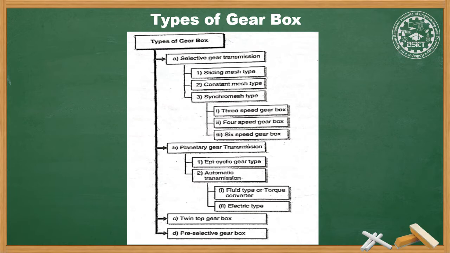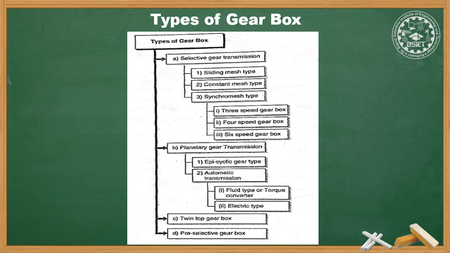Again, these types are classified as 3-speed gearbox, 4-speed gearbox, 6-speed gearbox, depending upon the number of speeds the gearbox provides. Second is planetary gear transmission, that is classified into two types, epicyclic gear type and automatic transmission system.